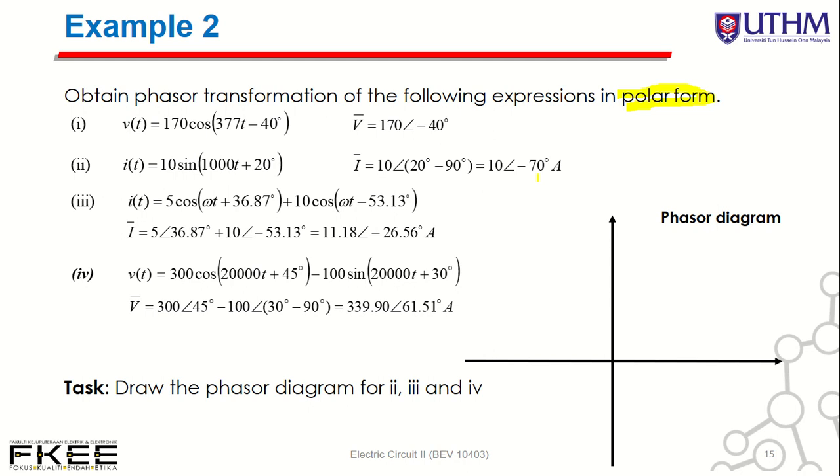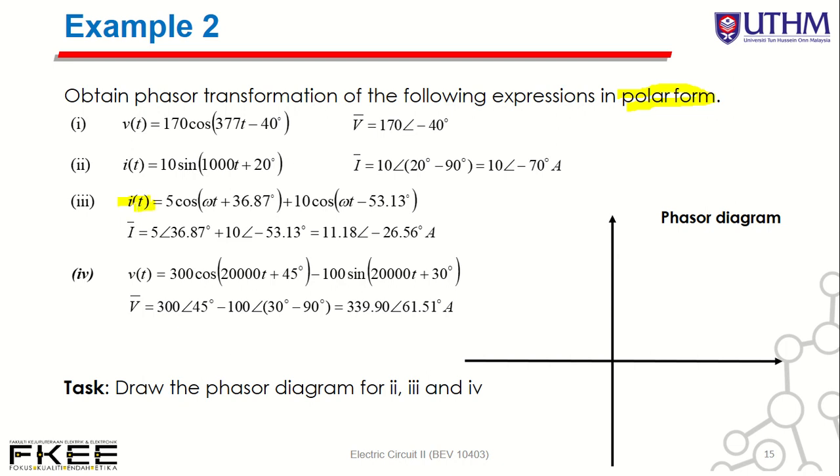The third one is a bit interesting. Let's say you have i(t), you have two different functions: 5 cos(omega t plus k) plus cos(omega t minus 53.13), let's say. So how to convert to polar form? You can see that i(t), small i and small t, we call it time domain, small letter.